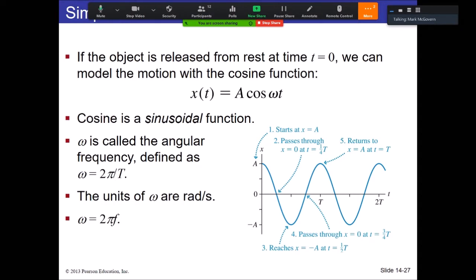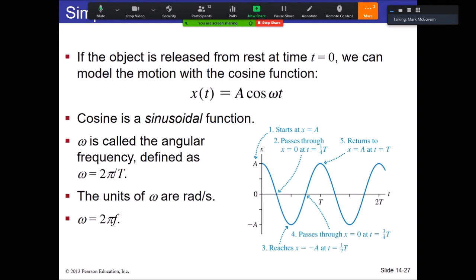How we're going to do this is the following. We are going to model this stuff with sines and cosines. It doesn't really matter which one you use, because if you remember from trigonometry, the only difference between a sine and a cosine function is a phase difference, which in the context of the problems we're talking about is just considering when things start. You just consider it starting at a different time or something like that.